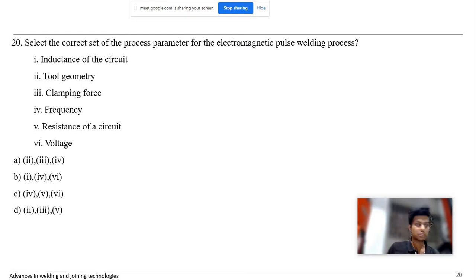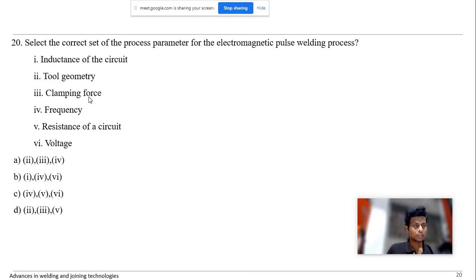So, last question. Select the correct set of process parameters for the electromagnetic pulse welding process. Inductor center circuit, yes, it will be there. Electromagnetic pulse tool geometry, no, because tool geometry is mainly related to friction stir welding.